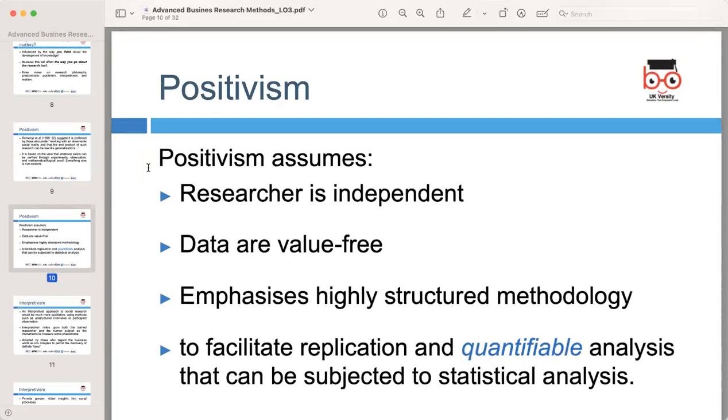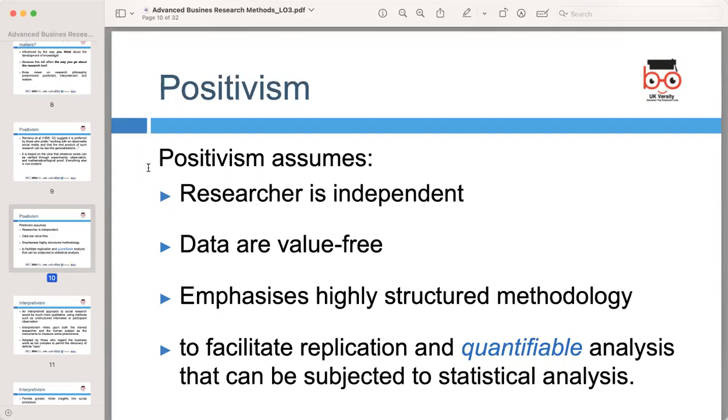Positivism assumes the researcher is independent, the data is value-free, and it emphasizes a highly structured methodology to facilitate replication and quantifiable analysis that can be subjected to statistical analysis. So positivism assumes that the researcher is independent. What does that mean?